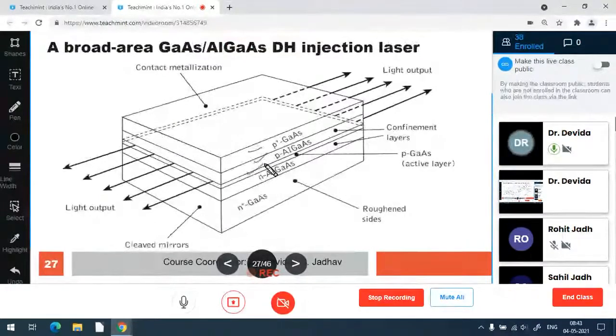This is a structure which shows five different layers. One is the active layer, GaAs is the active layer, and the immediate side layers are the confinement layers.